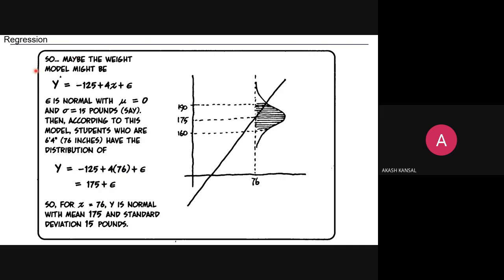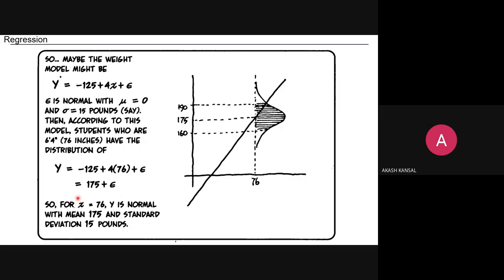So now, the earlier obtained values were this one, right? So the weight model might be y is equal to minus 125 plus 4x plus epsilon. Now epsilon is going to be normal with mu equal to 0, right? And sigma equal to 15 pounds. Then what this model says is, if the students are, let's say, 76 inches, we put 76 into this equation, and what we get is y is equal to 175 plus epsilon.